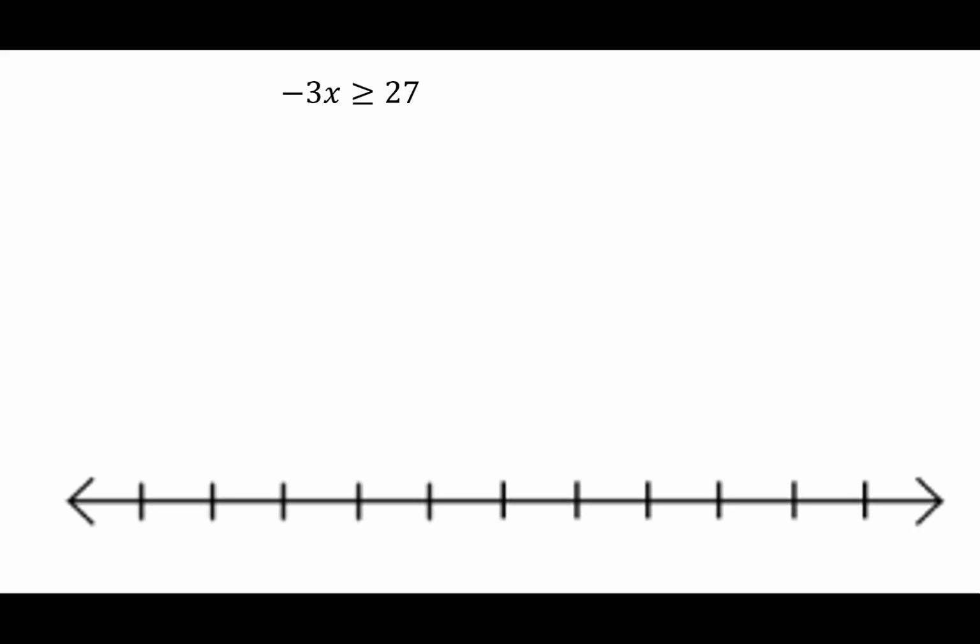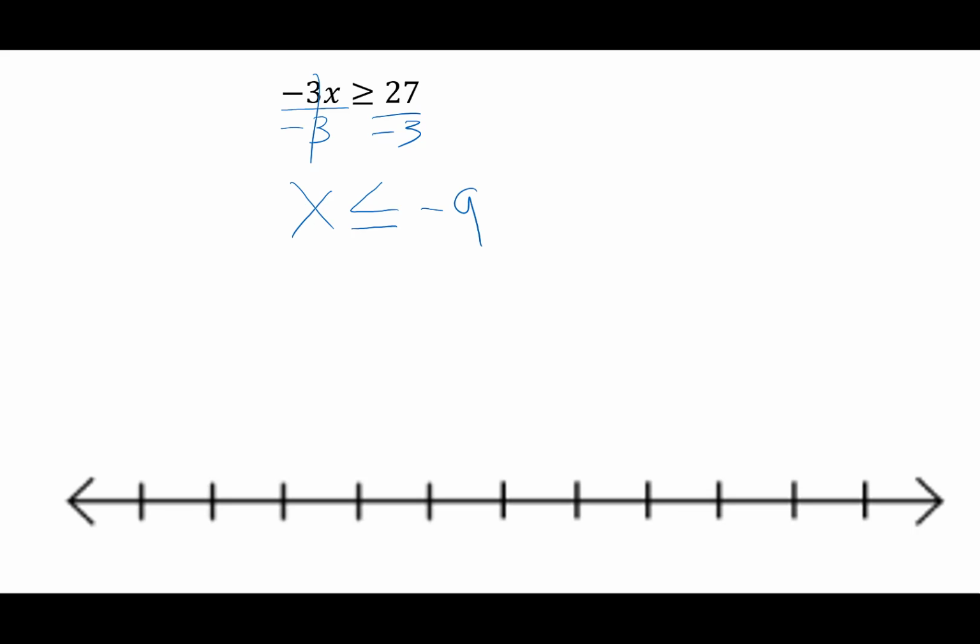All right, so what am I going to do on this one? Because the negative 3 is multiplying, we have to divide to undo. So we get x is less than or equal to 27 divided by a negative 3, which is negative 9.